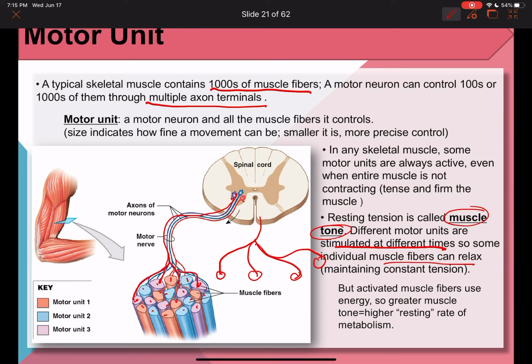But when you're resting, those larger muscles will also still burn energy because of this muscle tone. So this is why they say one of the things about losing calories and losing weight is to build muscles, because even when resting, having larger muscles will always burn more energy to keep the muscle tone going, compared to small muscles.